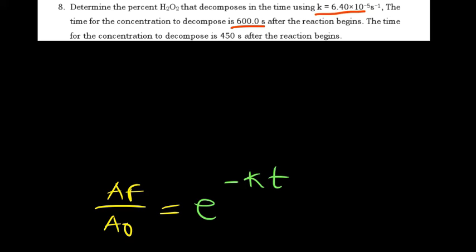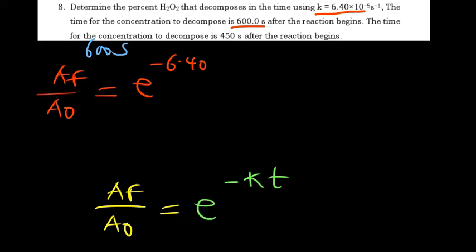For the very first part, since we want to determine the percent, this form is better because it already gives us a fraction or a ratio of the final with respect to what we started with. So all we have to do is substitute. For the 600 seconds, the ratio of the final to the initial is equal to E to the power negative K, where K was 6.40 times 10 to the power negative 5, multiplied by the time, 600 seconds.